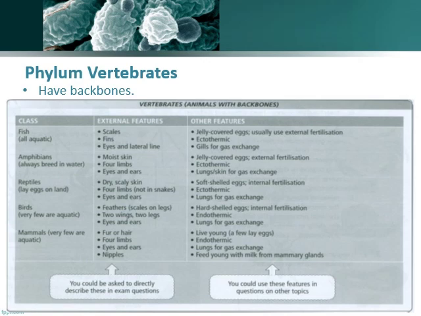Amphibians always lay their eggs in water, and as we have discussed in fish, external fertilization is present in amphibians. That is, they lay eggs in water, which are fertilized and give birth to young ones in water. As compared to fish, they have properly developed skin, but the skin is very moist and slippery.